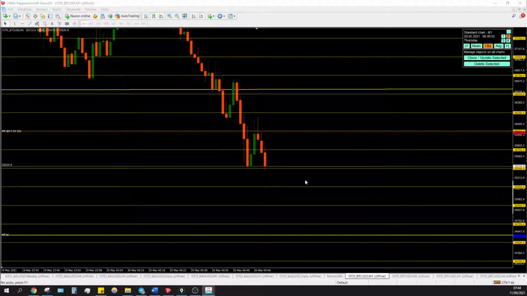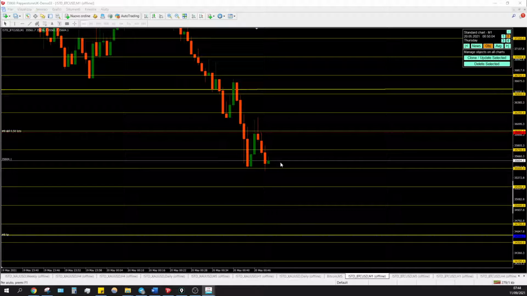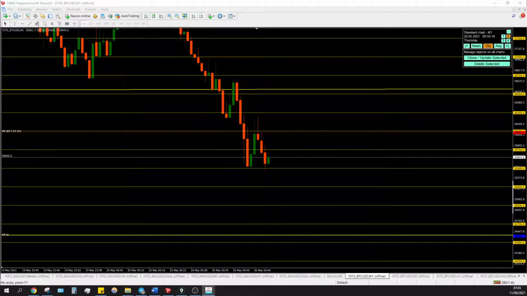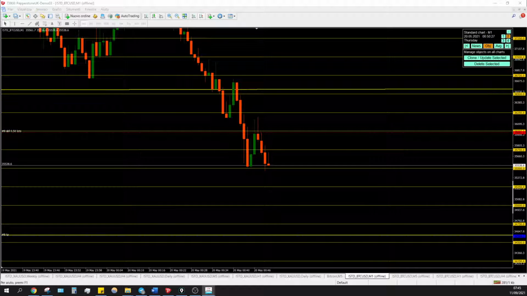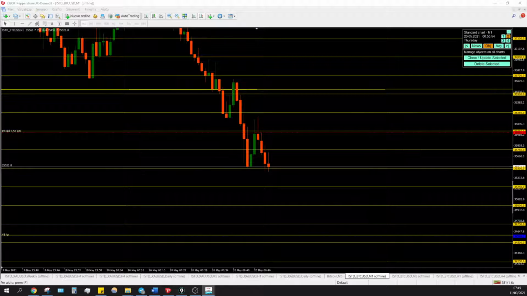As you can see, we are possibly creating a double bottom here. You see there's no strong reaction. If I see something here, I will close the position. It looks like the sellers are still in control. Let's see if they manage to push below the PPL.